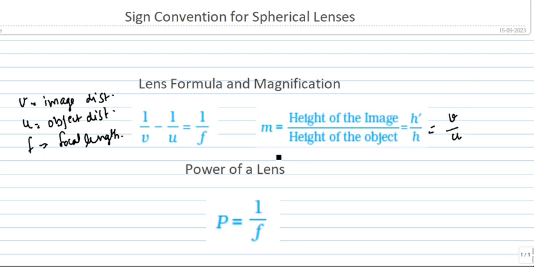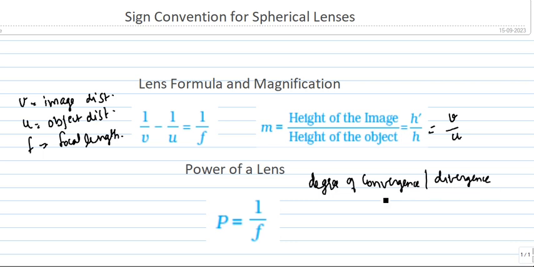The next thing we will see is power of a lens. What do we mean by power of a lens? It is the degree of convergence or divergence of a lens.